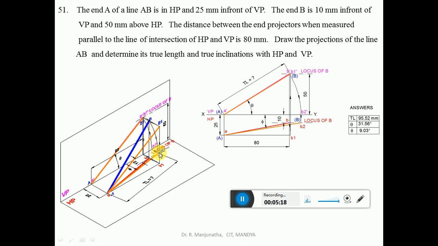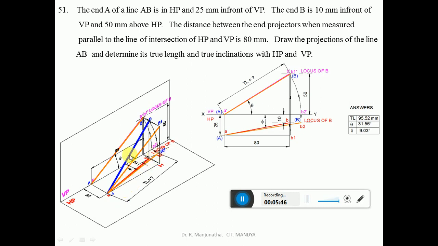It will not move with respect to the vertical plane. With respect to the vertical plane, it is in front of VP by 10 mm. That is the reason why the top view B, which was here, will move to this particular point. So in this case, when you are rotating in space from B2, that is from above HP by 50 mm, to on HP, so that it becomes parallel to HP.